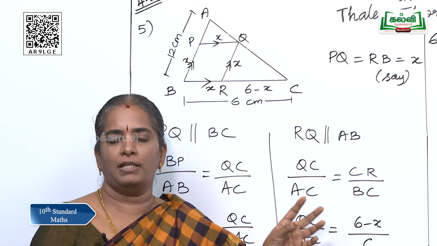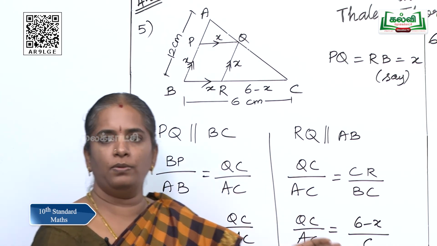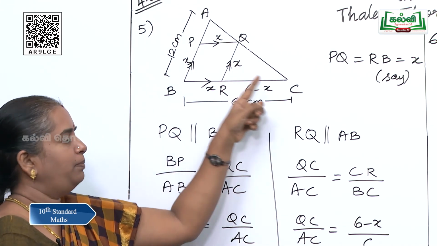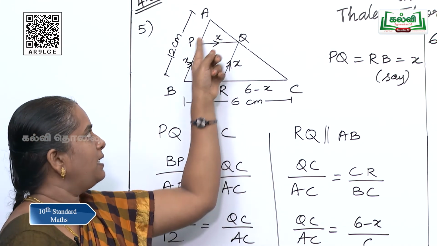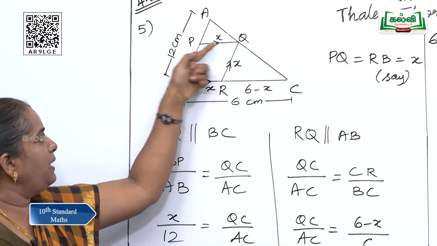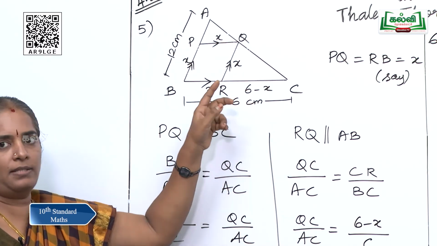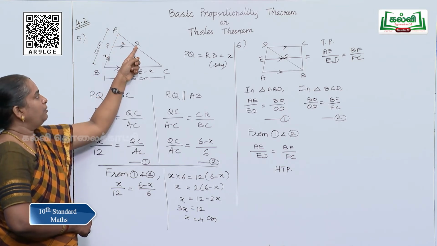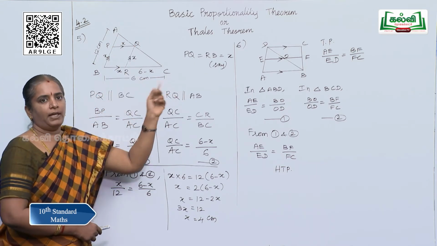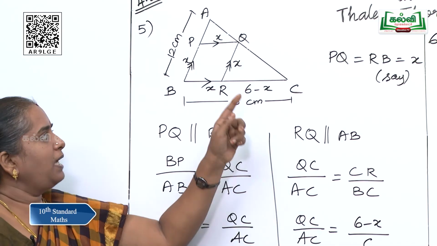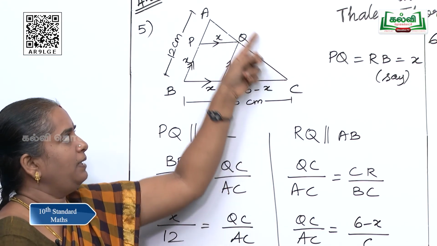These properties will be useful to apply the Thales theorem. Since PQ is parallel to BC, we can apply Thales theorem in the triangle ABC. In ABC, PQ is parallel to BC, which says that AP by BP is equal to AQ by QC, or we can say that BP by AB is equal to QC by AC.